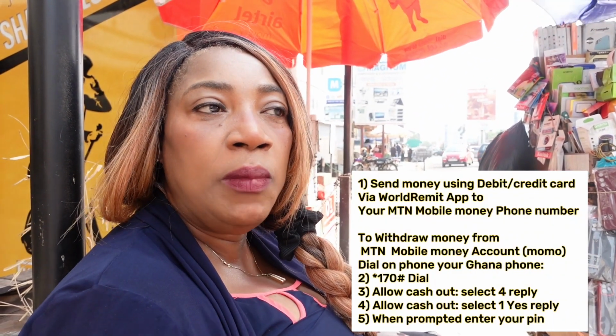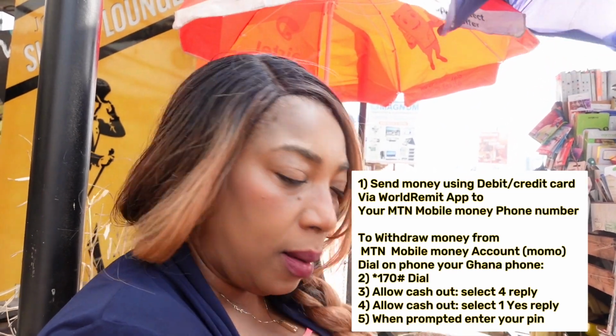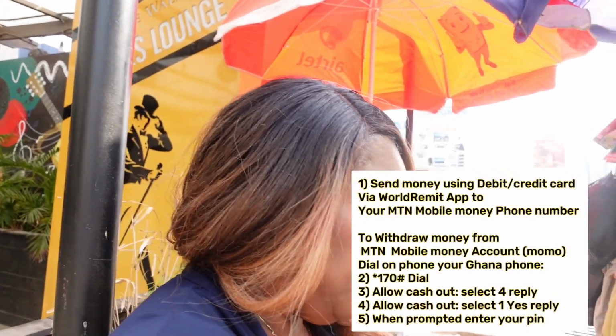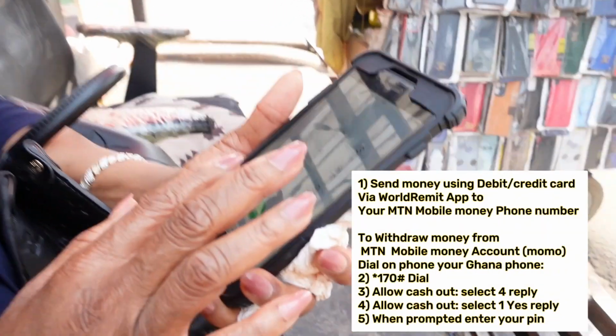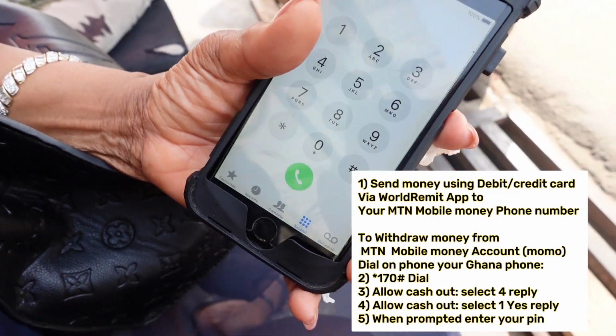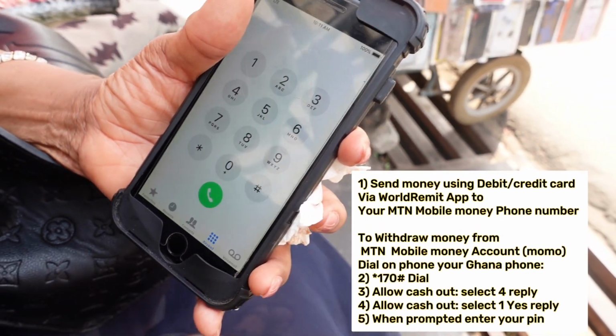So today we're going to do cash out. Show me how you put in 170 on your phone, so we can show people when they get their Ghana card what exactly this is for. Everyone in Ghana uses this process when they want to send money.